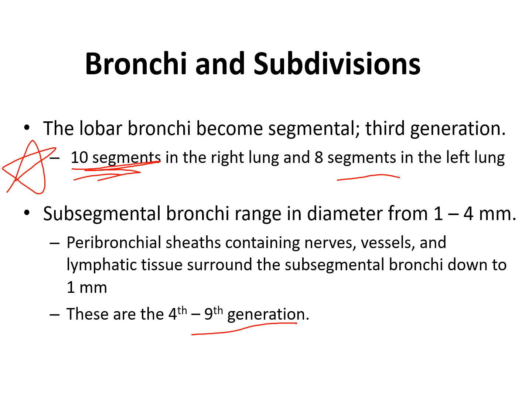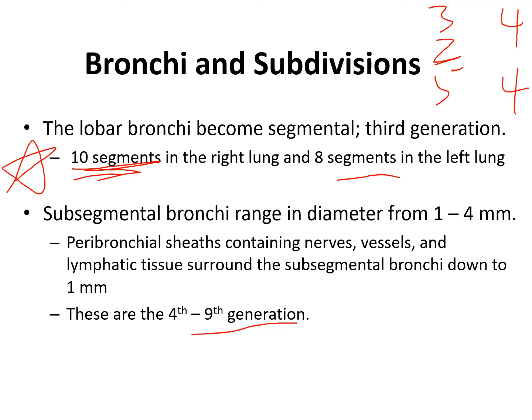Now you're grabbing a sample and you label it right upper lobe, because you know where you're at based upon the segment. So the right upper lobe has 3 segments, the right middle lobe has 2, the right lower lobe has 5, the left upper lobe has 4, and the left lower lobe has 4 segments.